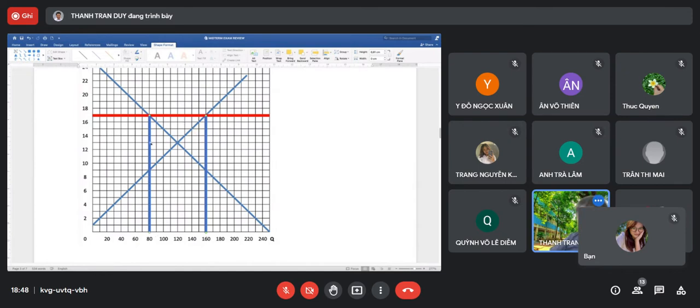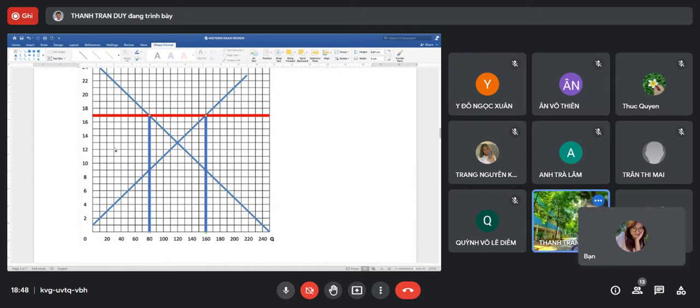And therefore, what's the problem we have when we have a binding price floor? What's the problem we may have? Shortage or surplus.